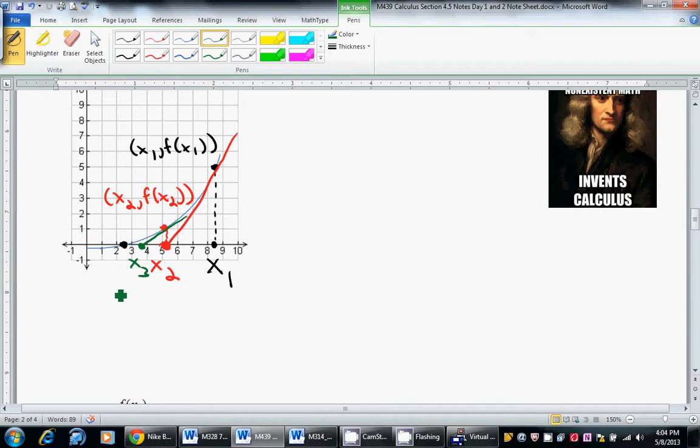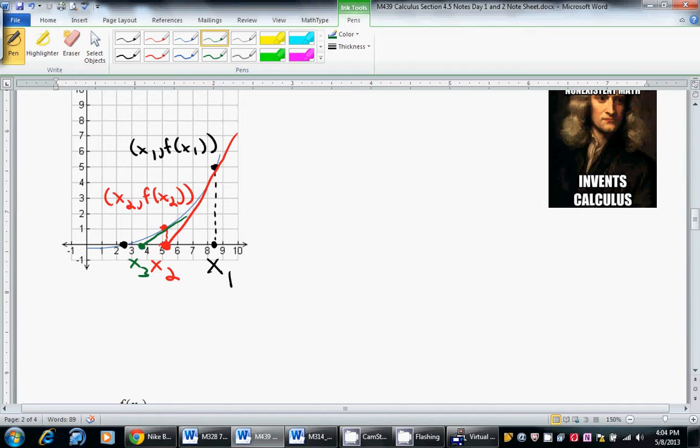Okay? So just to recap, Newton's method right here. You're going to pick a point from your x-axis, and then you're going to find the tangent line to f of x at that point. You're going to take that tangent line and find where that line hits the x-axis. Now that's pretty easy to do. You set the line equal to 0, because the y-coordinate is 0 here.